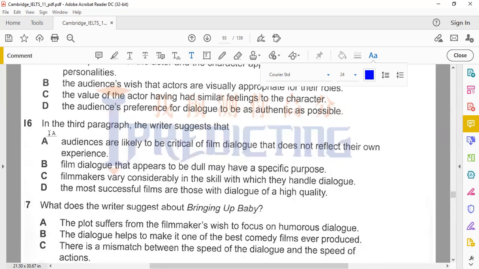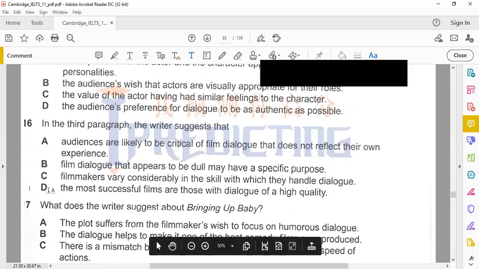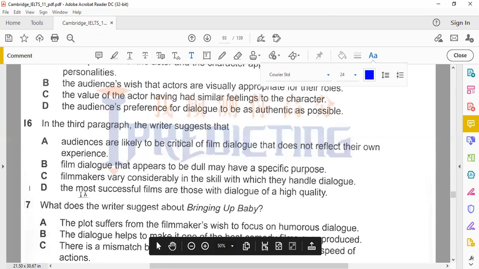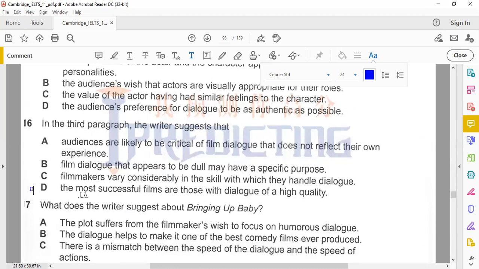And 16, in the third paragraph, the writer suggests that the most successful films are those with dialogue of a high quality. So the option D is the right one, and you write D against question 16 in the answer sheet.